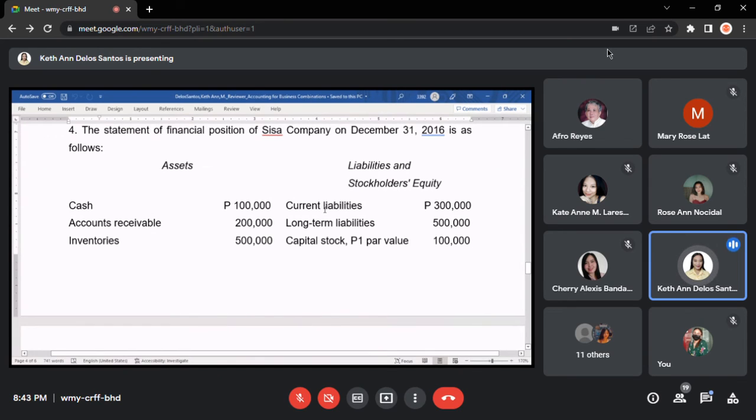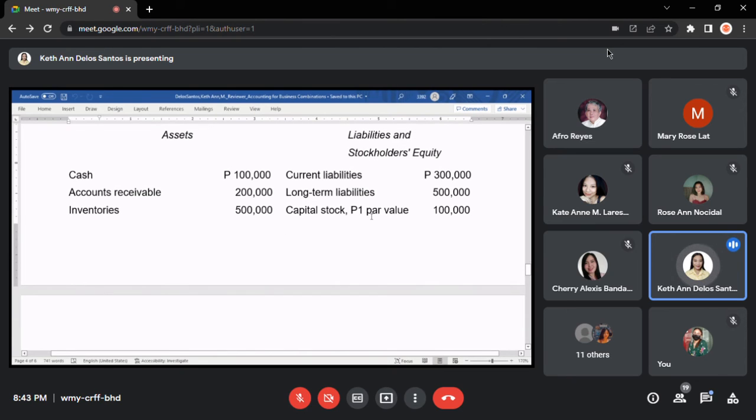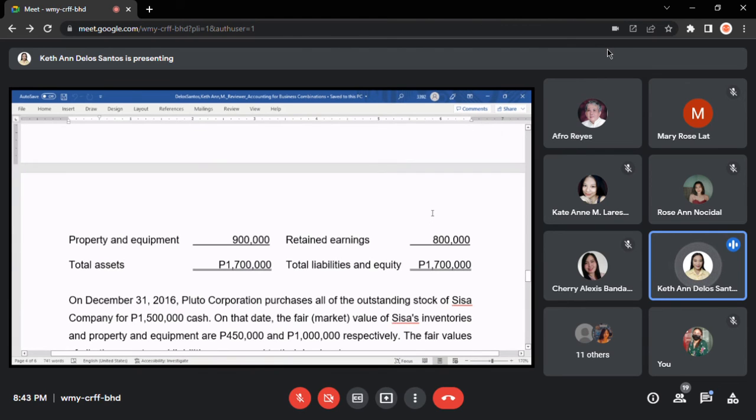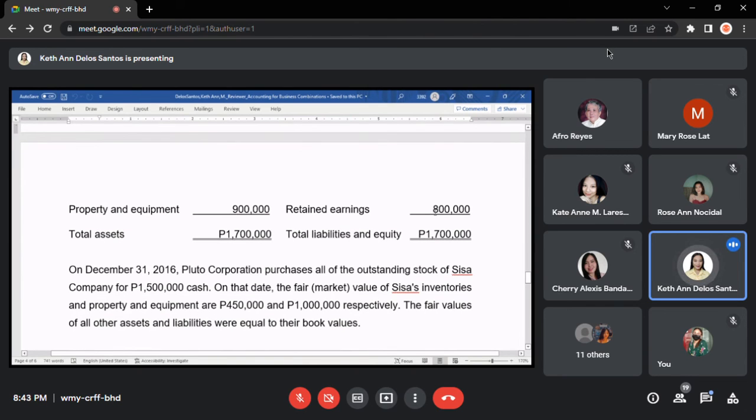Liabilities and stockholders' equity. Current liabilities, 300,000 pesos. Long-term liability, 500,000. Capital stock with a par value of 1 peso is equals to 100,000. Retained earnings, 800,000. Total liabilities and equity is 1,700,000.